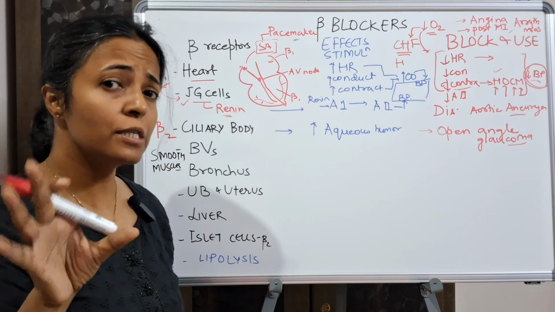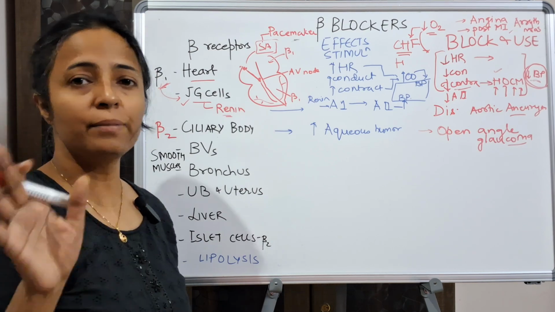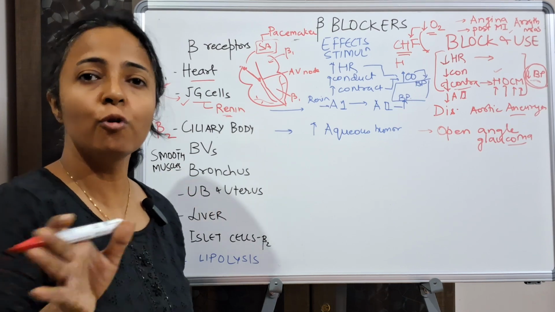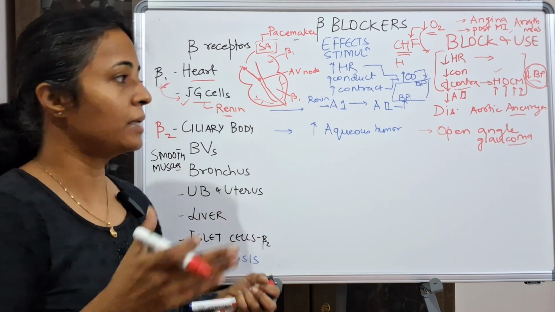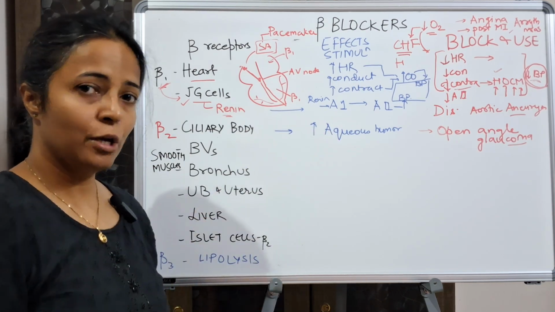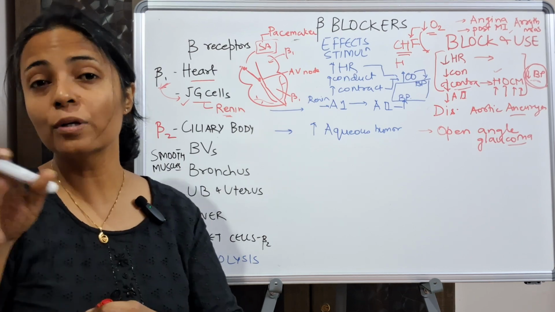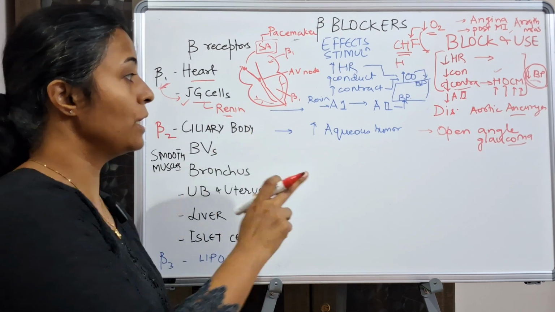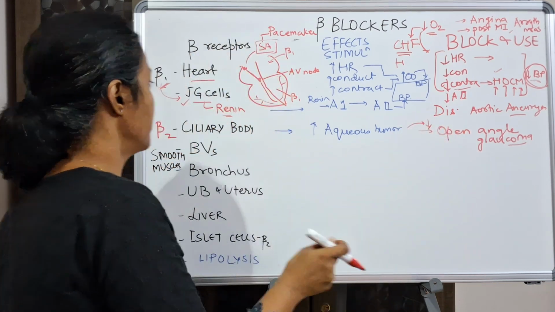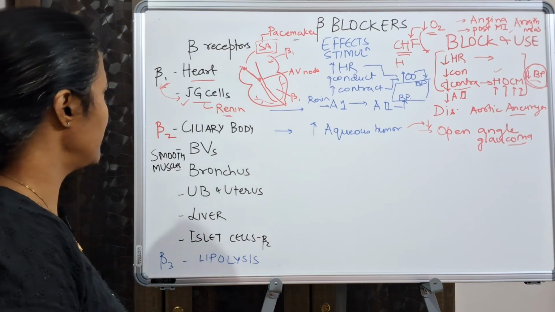So suppose this uveoscleral outflow is blocked, suppose there is some degeneration and the aqueous humor is not able to flow through it, then what is going to happen? This aqueous humor is going to accumulate in the eye. So with beta blockers we are not increasing the aqueous humor outflow. We are decreasing the aqueous humor production, because beta 2 stimulation leads to increased production of aqueous humor, right?